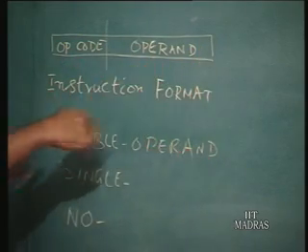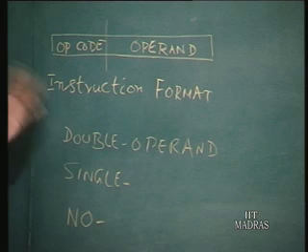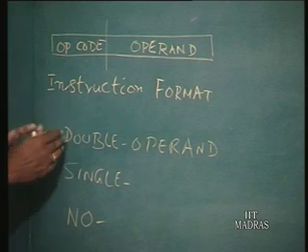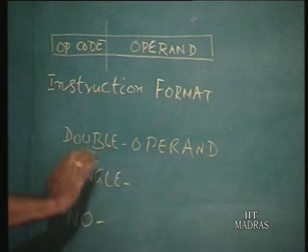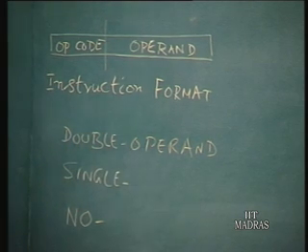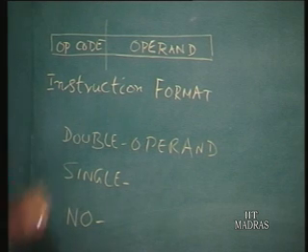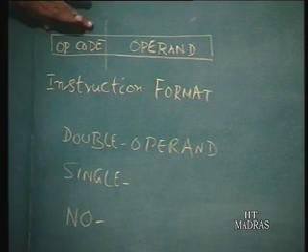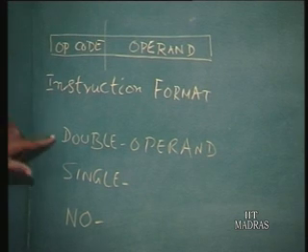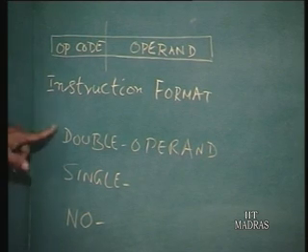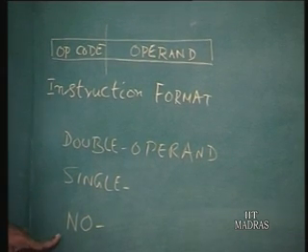Okay. So the instruction format generally must take care of reference to at least two operands. Okay, there can be multiple. There are processors which take care of even more than two operands. But of late, generally we have only this double operand, single operand, or no operand instructions. Good. So while decoding this opcode, the processor will know which type of instruction it is, whether it's double operand, single operand, or no operand.